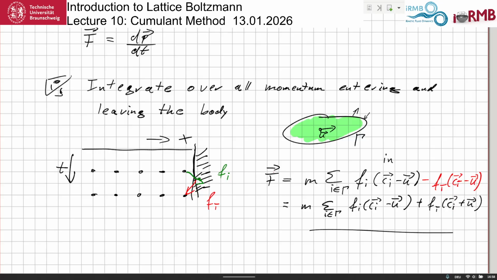Or when you want to have this very instantaneously, then you have to really integrate over the entire boundary.